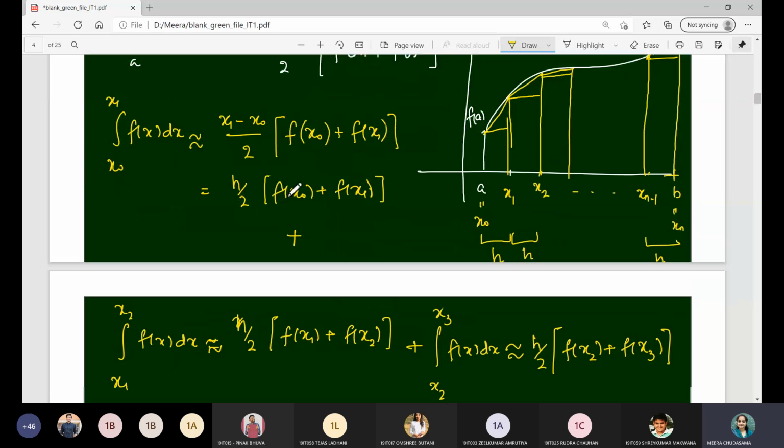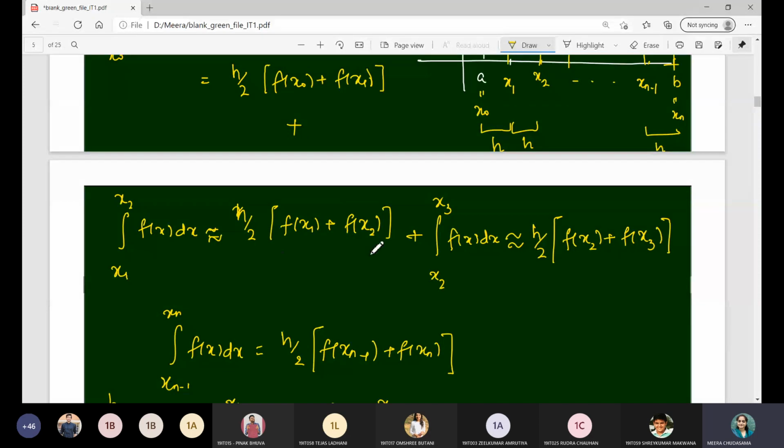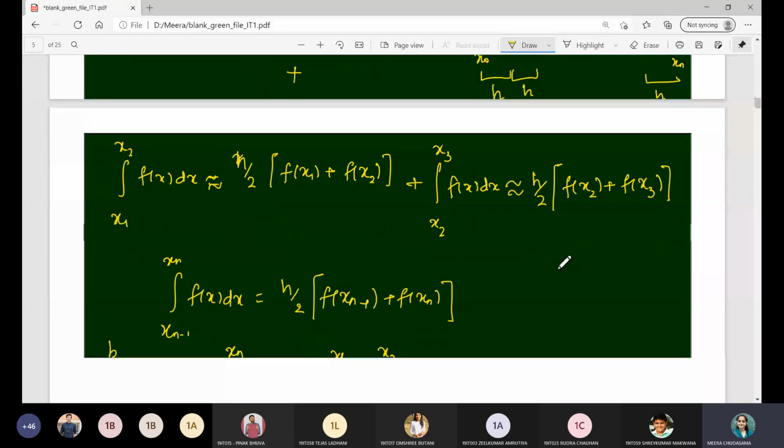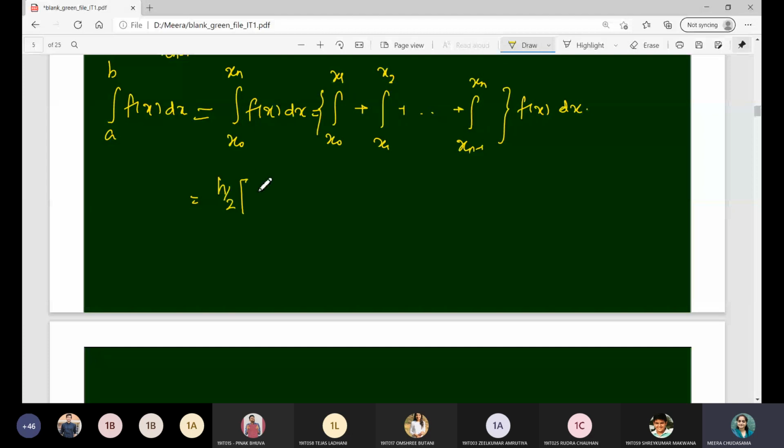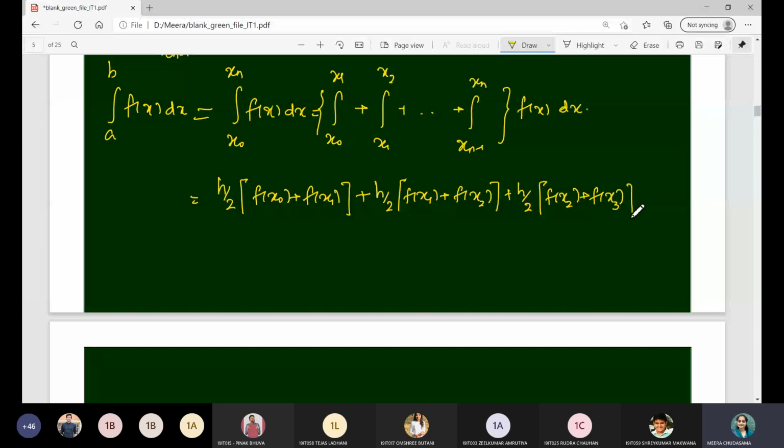For the first case it is h by 2 times f of x0 plus f of x1. Second interval, h by 2 times f of x1 plus f of x2. Third interval, h by 2 times f of x2 plus f of x3, plus up to plus h by 2 times f of xn minus 1 plus f of xn.